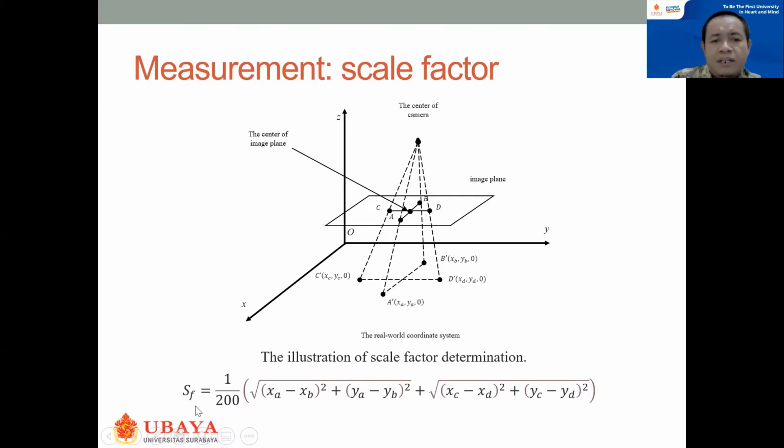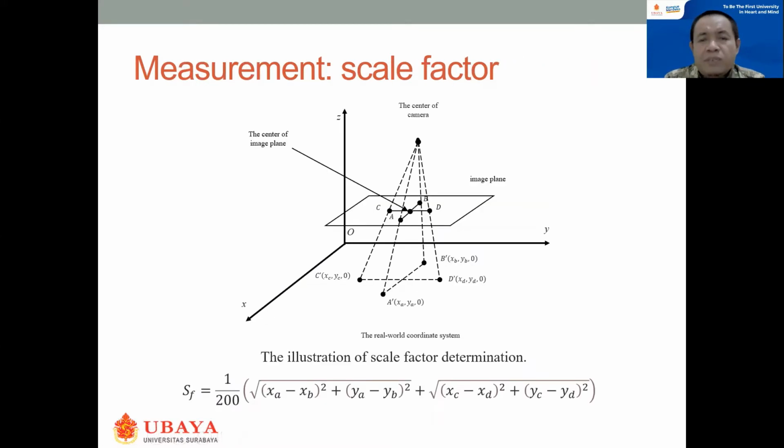So this is the scaling factor that we will use to convert length from pixel to centimeters. This is the distance from A to B plus the distance from C to D, divided by the distance from A to B and C to D in the image coordinate.